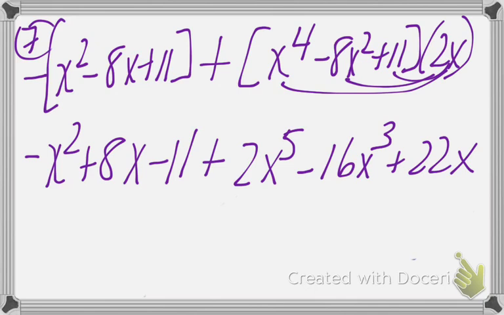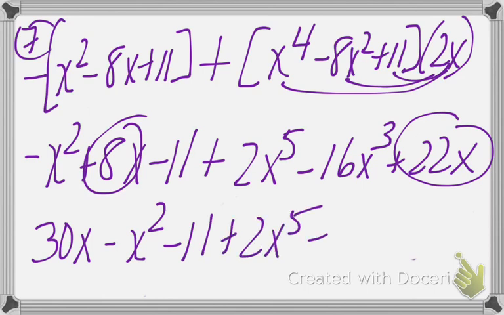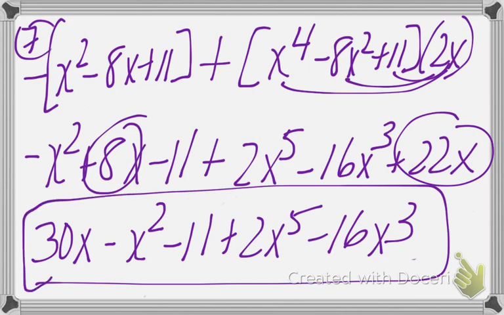Okay, and not too much that we can combine, but we do have an 8x and a 22x to give us a 30x. And we're done.